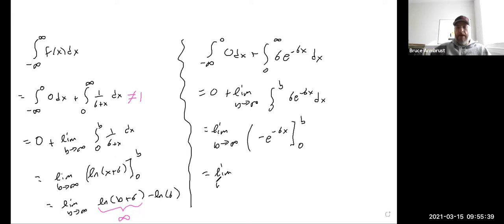So that's the limit as b goes to infinity of minus e to the minus 6b minus, let's see, minus e to the 0.